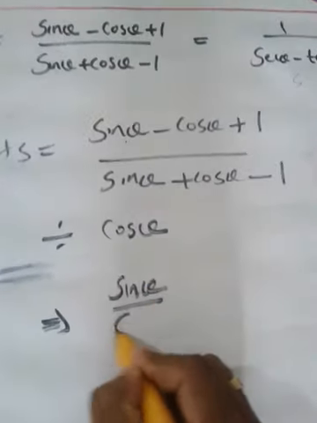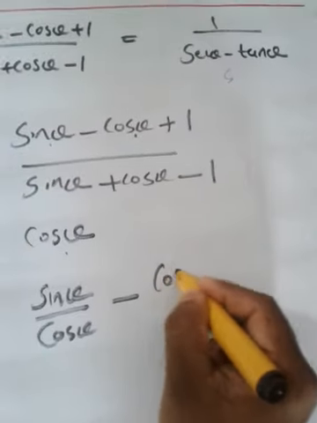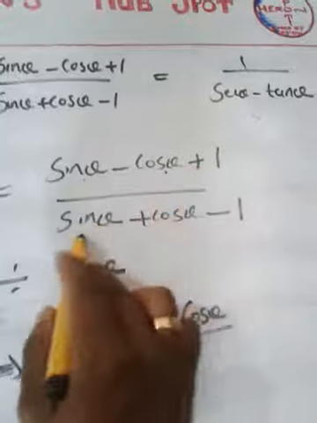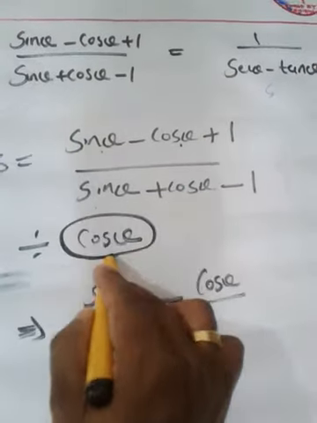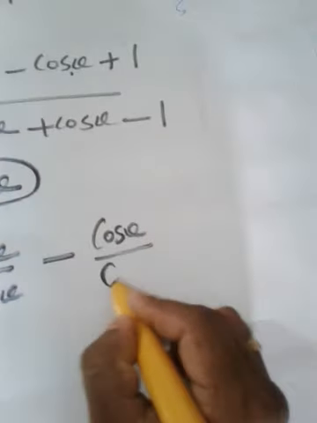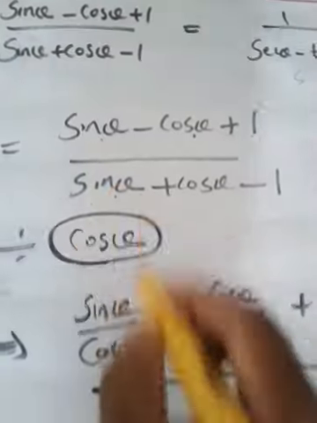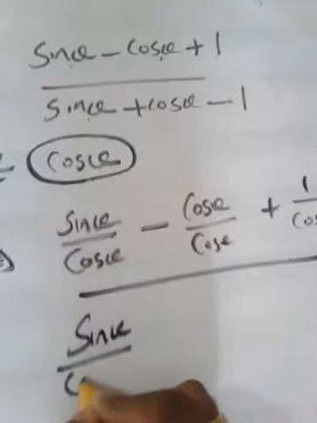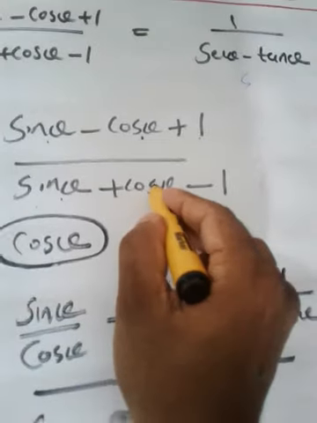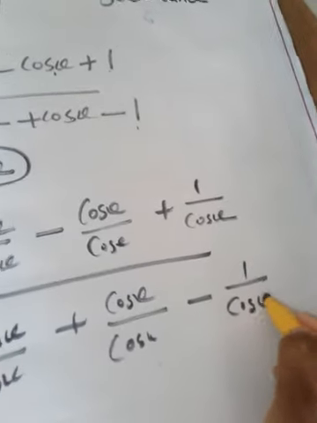Sin theta by cos theta minus this cos theta I have to divide by cos theta, plus this 1 I have to divide by cos theta. Are you following? Divide by this sin theta by cos theta, plus this cos theta by cos theta, minus this 1 I have to divide by cos theta. Entire time I am going to divide by cos theta.